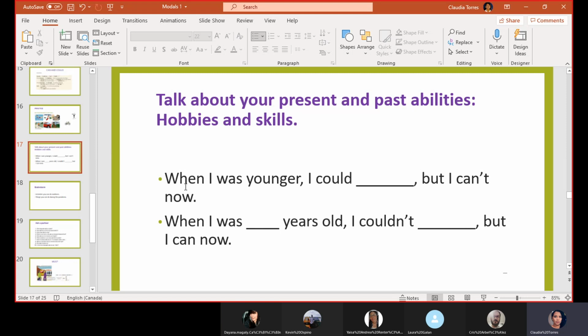Or you can say, when I was 13 years old, I couldn't, but I can now. So here you're talking about your abilities in the past and your abilities in the present. For example, when I was younger, I couldn't drive, but I can now.